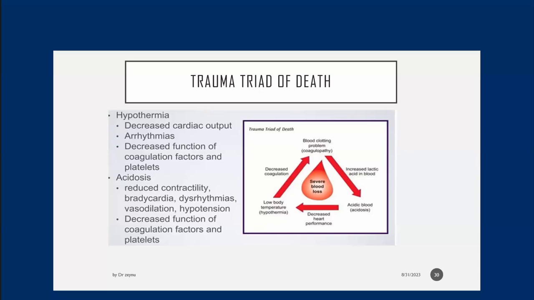And the acidosis later reduces the contractility, which leads to decrement in cardiac output, bradycardia, and dysrhythmia, and hypotension can happen, and a decrease in function of coagulation factors and platelets will also be noted in acidosis. So those are the vicious cycle of the triad of trauma.